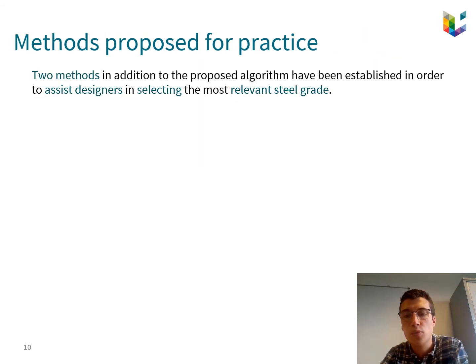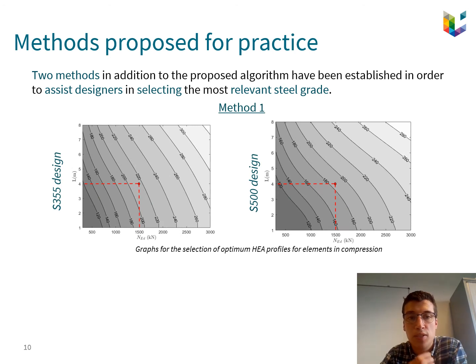Now I'm going to propose some methods in order to help designers in choosing the most appropriate steel grades. The first method is a graphical or numerical method in which we can know directly the optimum profile for a given steel grade.